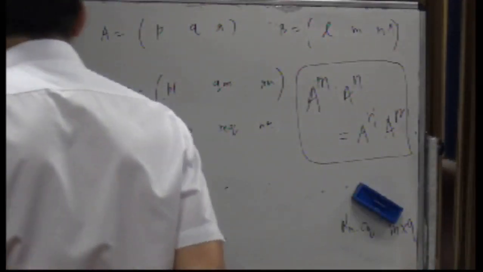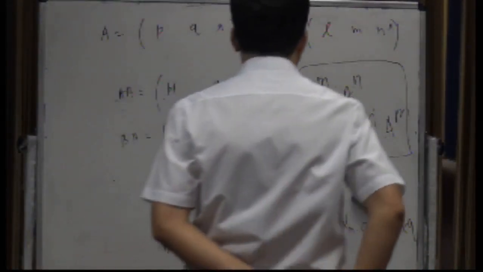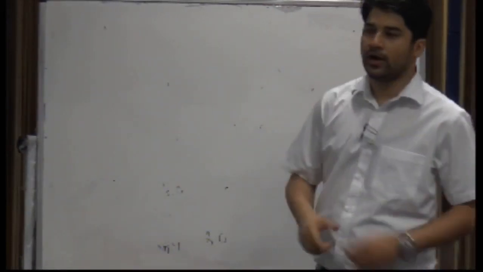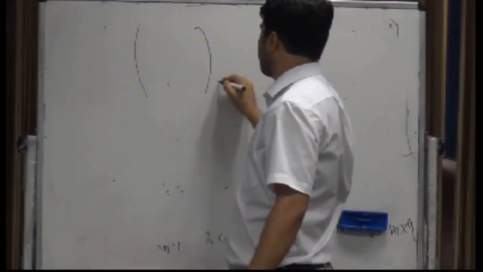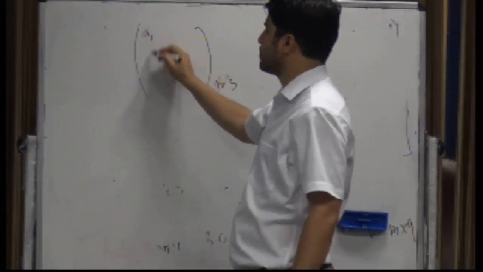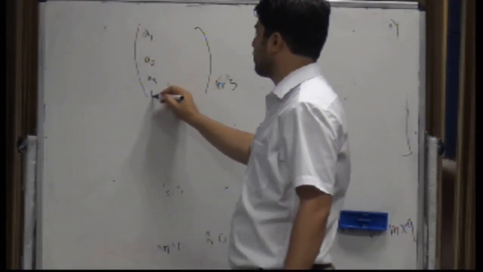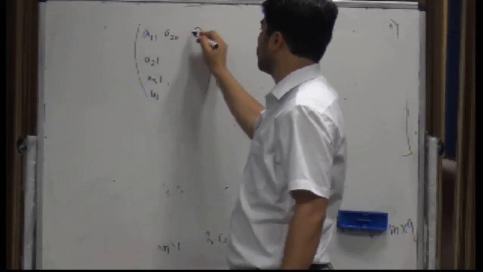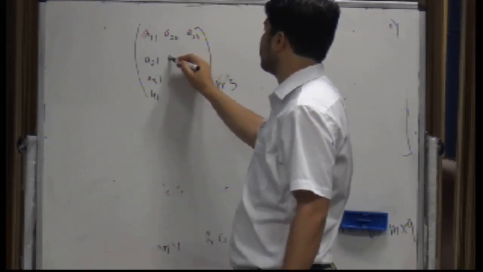What is transpose? आपके पास ये मैट्रिक्स है, let's say 4 into 3, so you have 4 rows और 3 columns.